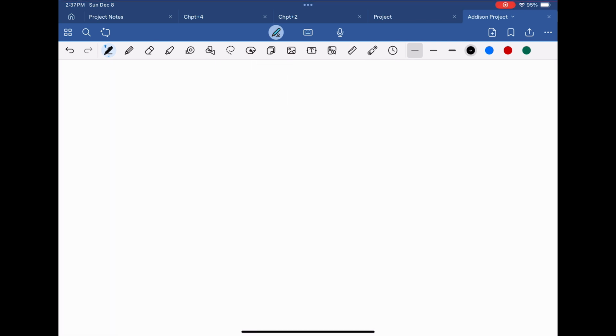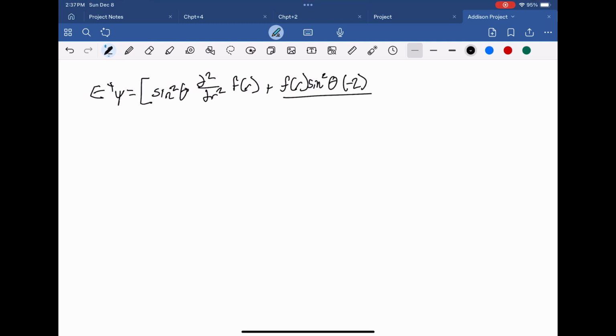Okay, simplifying the top equation. Here, let me, new page. So if we simplify that with the top equation, we're going to get, just rewrite it here, E4 of psi equals sine squared theta times the partial r squared of FR plus FR sine squared theta times negative 2 over r squared.